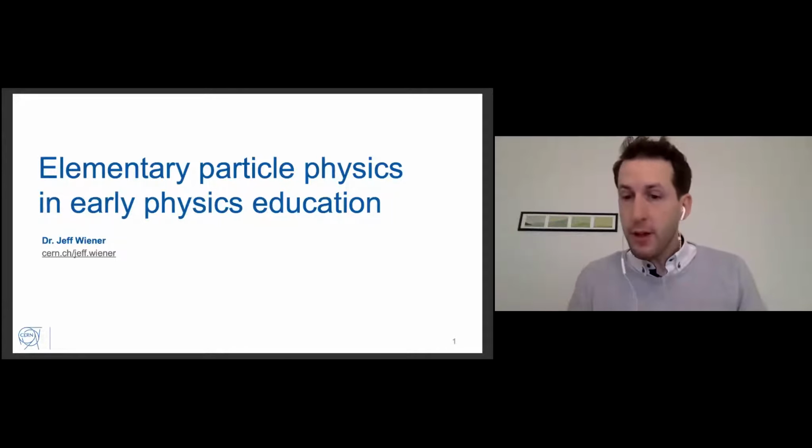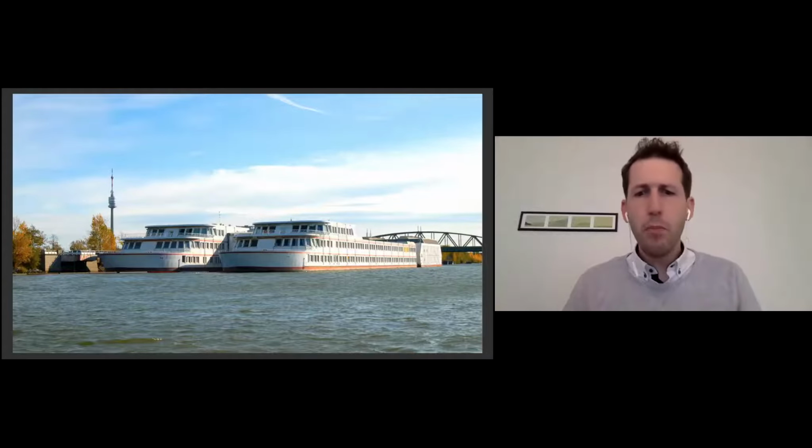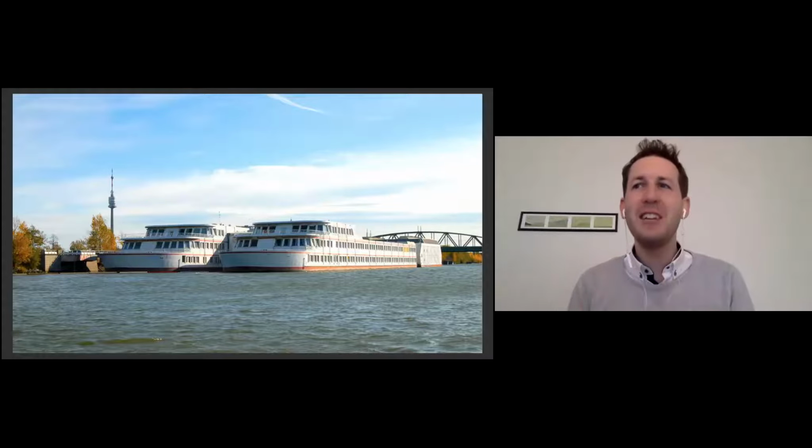This school is called the school ship. And it's really that. These are two old ships which are permanently attached in the Danube River. So this is in Vienna, in the Danube. And in there, we have a standard high school, completely open, but a little bit of a special high school. That's where I was a teacher for a couple of years.